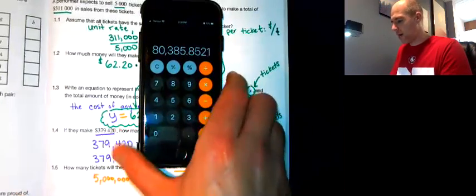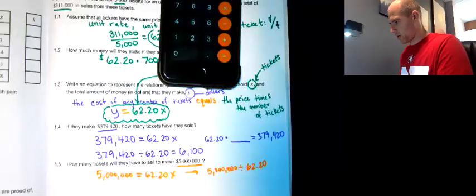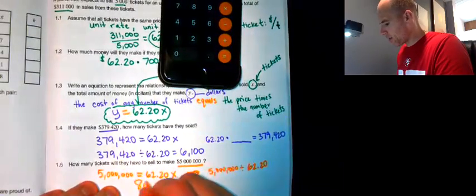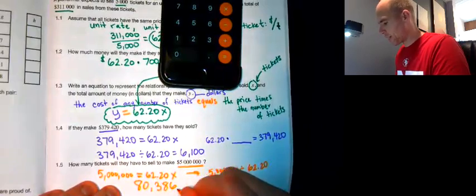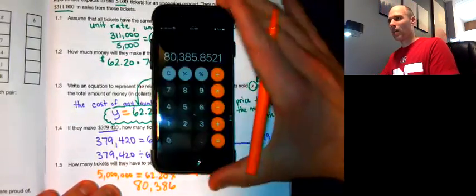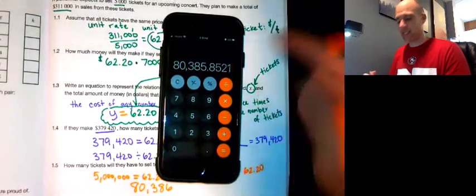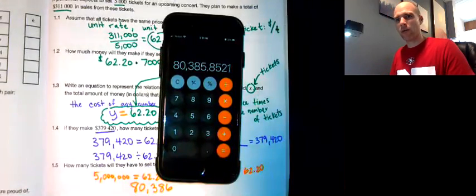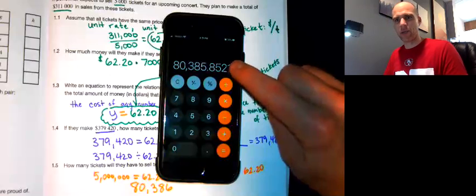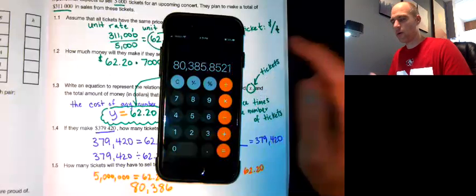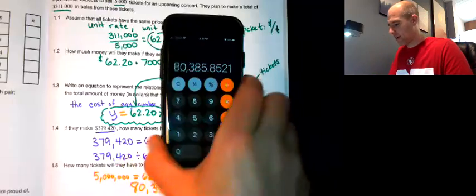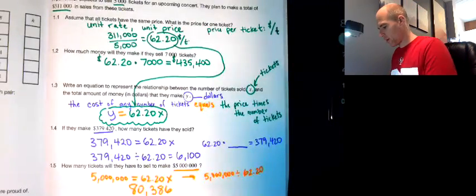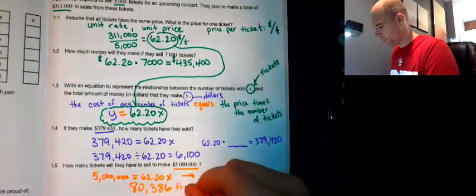So I think our answer needs to be 80,386 tickets. Because if they would need to sell this many tickets to get exactly 5 million, well, they can't sell exactly this many tickets. It doesn't make sense logically in the real world. So we got to bump up, we got to round up to that next one to get at least $5 million. I'm going to write the word tickets here.